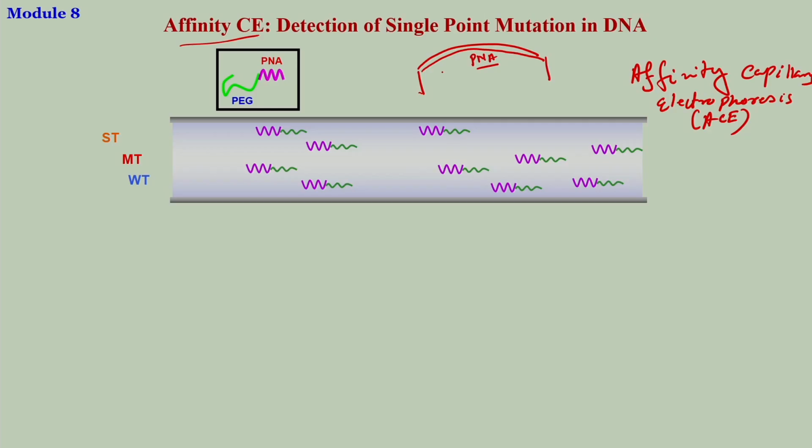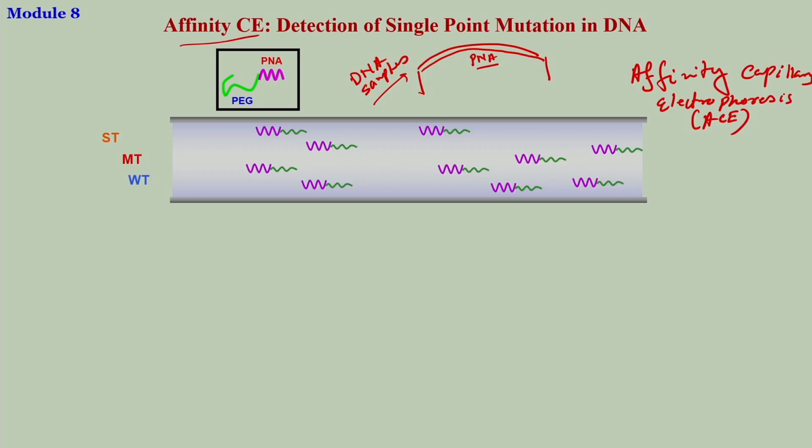So, it is a probe, it is just like DNA, and then you inject your sample such as DNA samples. Now, if you inject your DNA sample here, what will happen? This is also a probe which hybridizes with DNA.